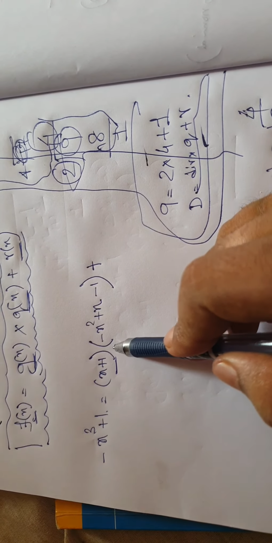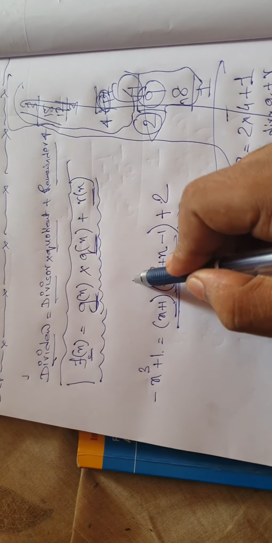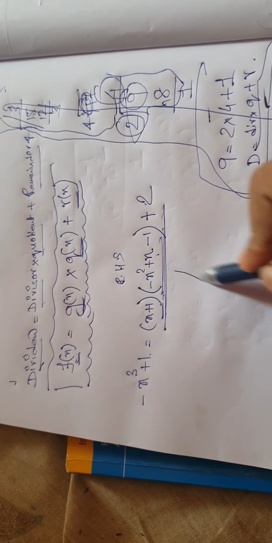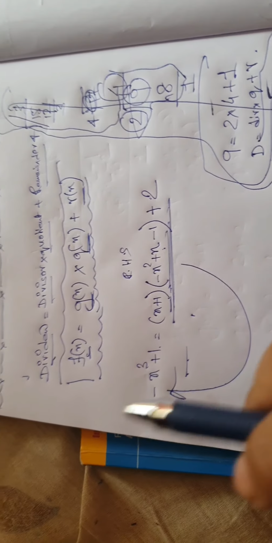After dividing, you got the quotient, this one, and plus the remainder. The remainder is plus 2. So you get plus 2. You do the RHS part, and you will always see you obtain this. So that is our truth.